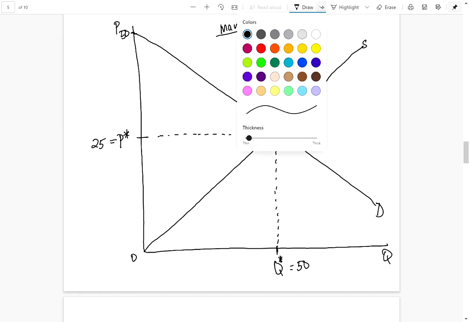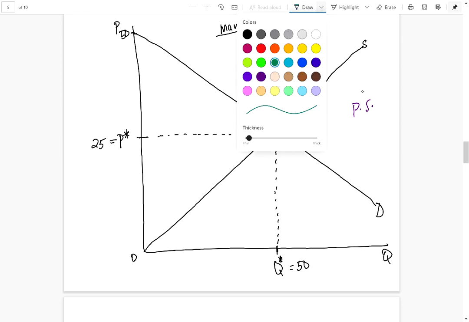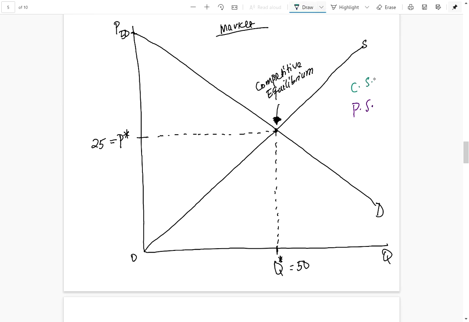So you can pause the video here and try to figure out where producer surplus will be and where consumer surplus will be. Okay. All right. So remember, consumer surplus is the difference between what the consumers are willing and able to pay, which is shown by that demand curve, and what they actually pay for that quantity 50.